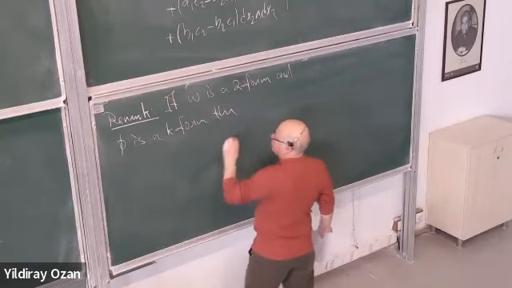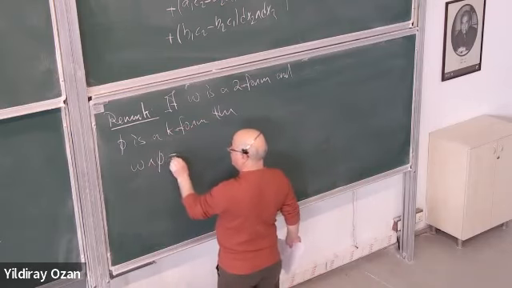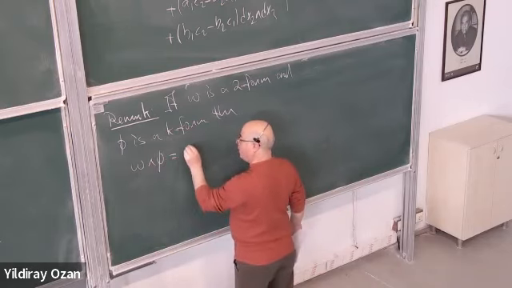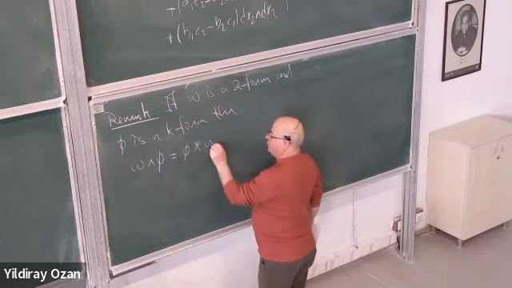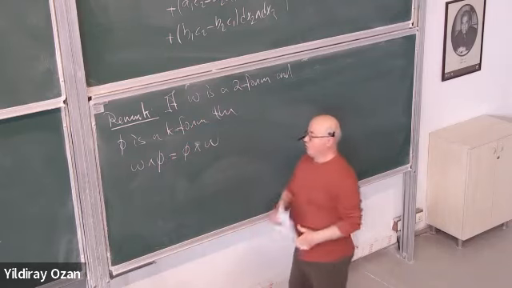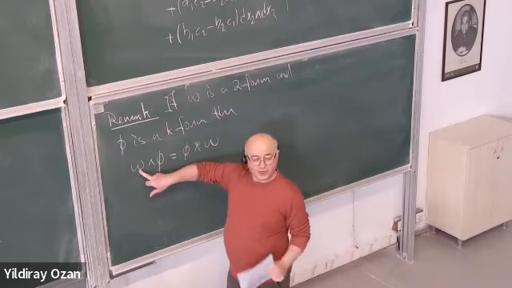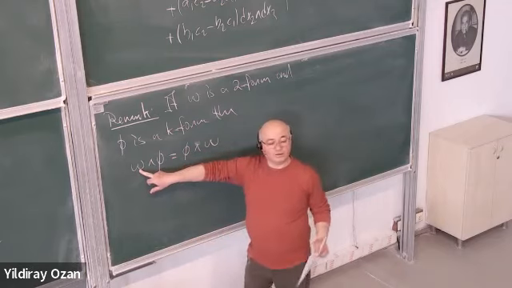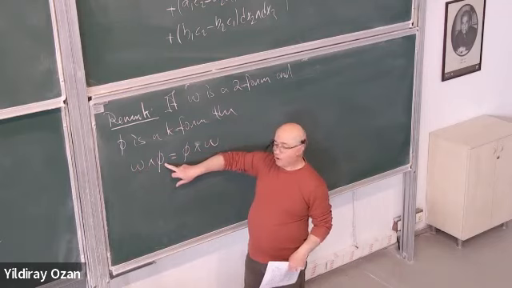Then of course, because I have two one forms here, each one will go over k forms.